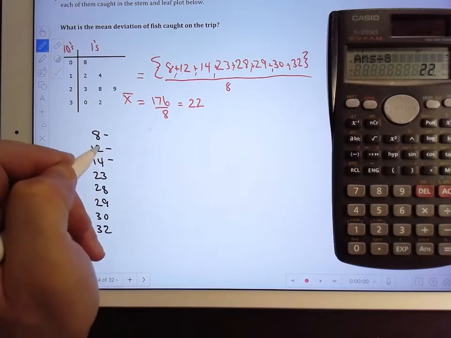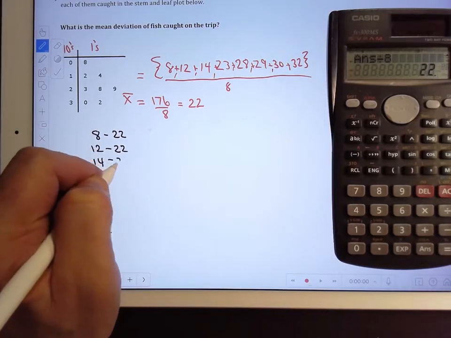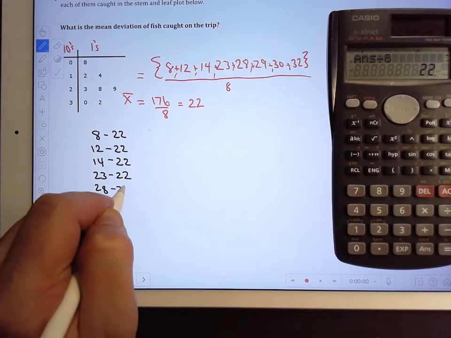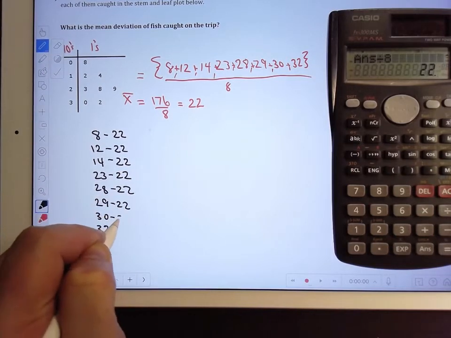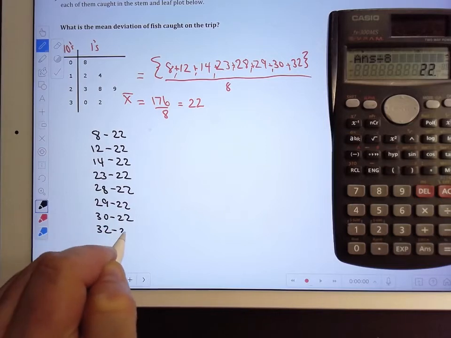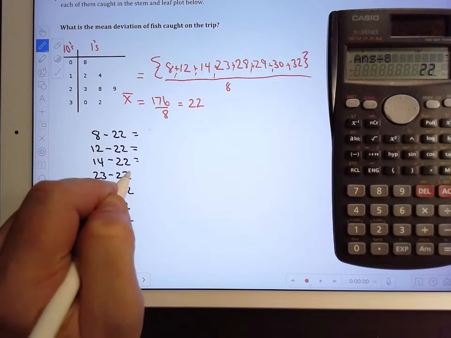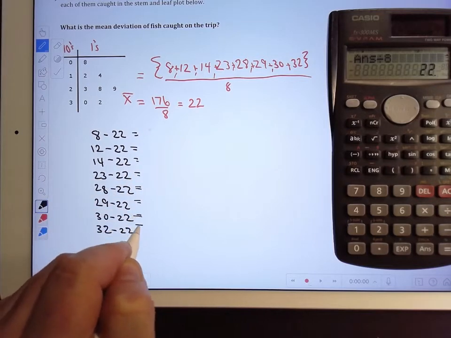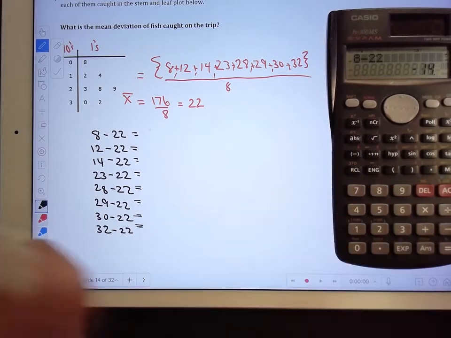And we will subtract 22 all 8 times and record those numbers.